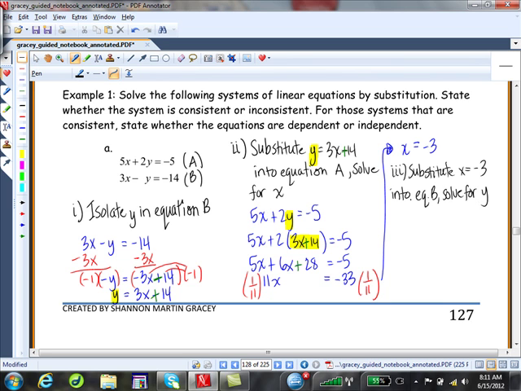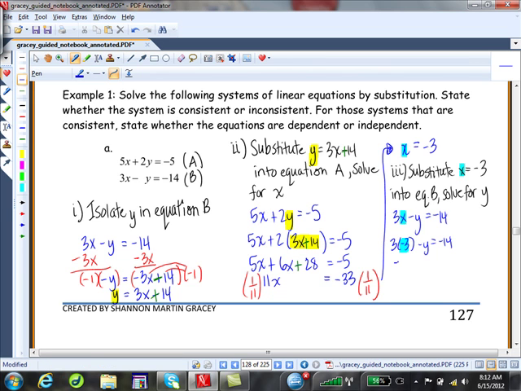So equation B was our 3x minus y equals -14. Now remember we had found x here, so in for x we're going to be putting -3.